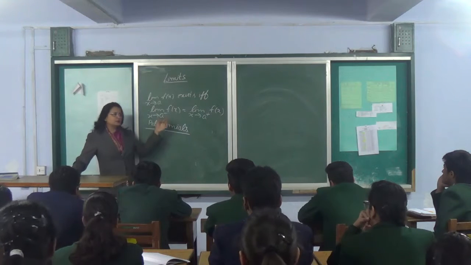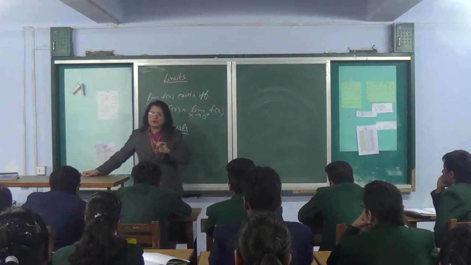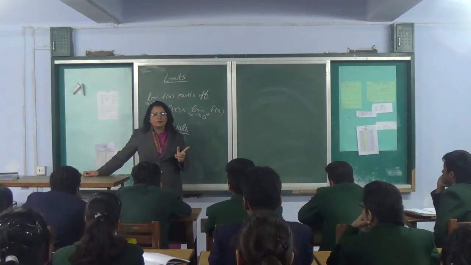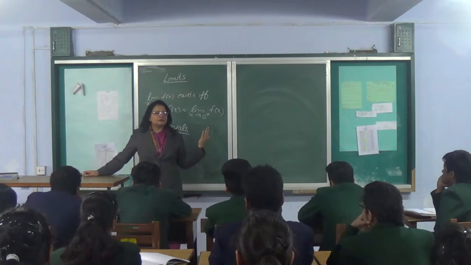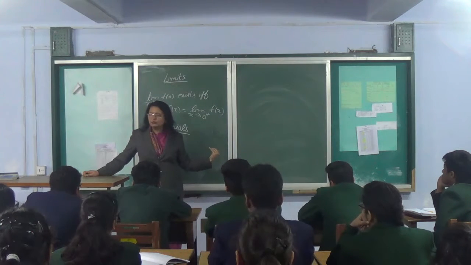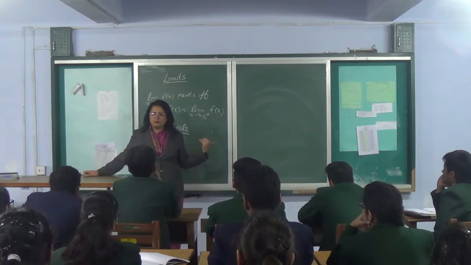Like we observed in the previous example, the value of f(x) at x = 1 is 2. And we observed that when we were approaching 1 from both the sides, the function was also approaching 2.